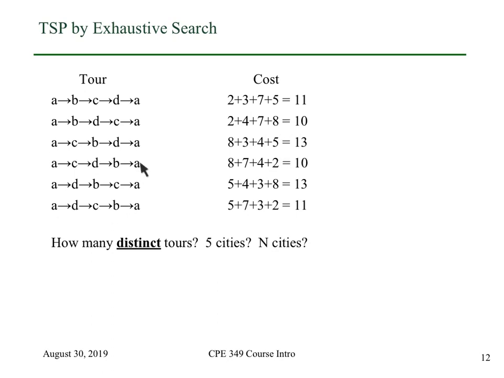Why are these tours guaranteed to be the same length? And why is the first tour guaranteed to be the same length as this last tour? And why is this tour, with length 13, guaranteed to be the same as this tour? And then try to come up with a formula for n cities. So pause the screencast right now, give that some thought.